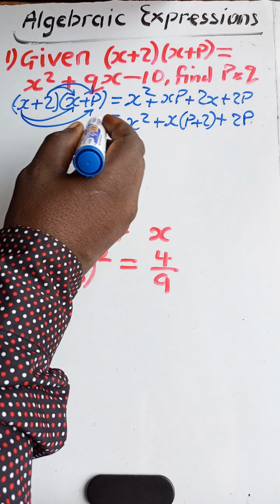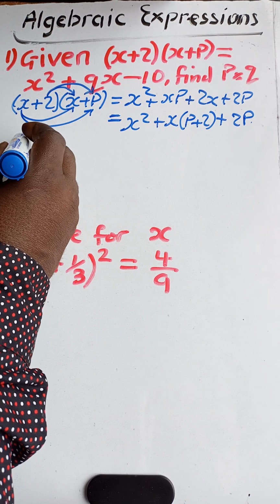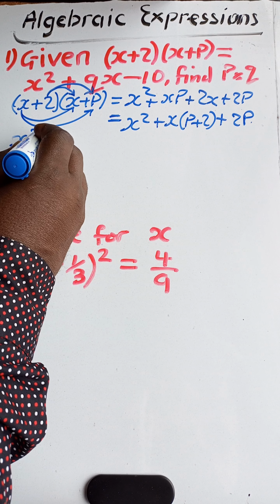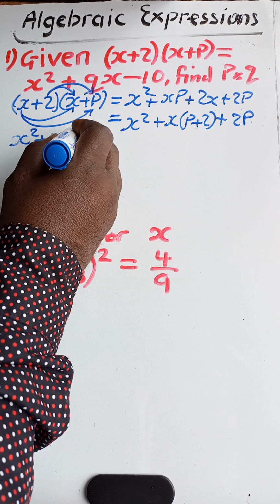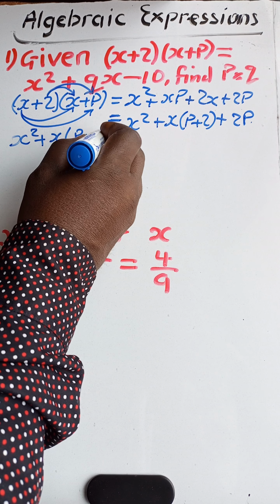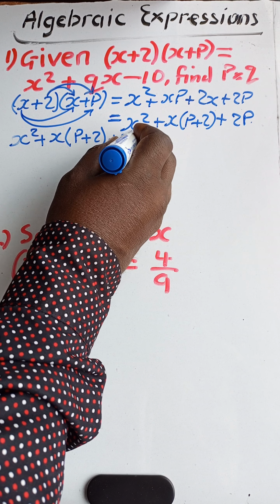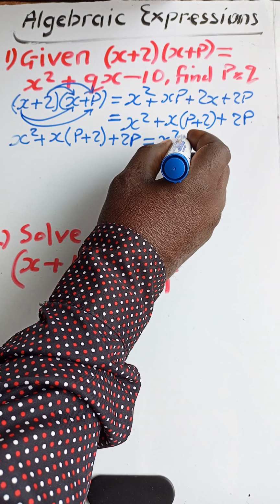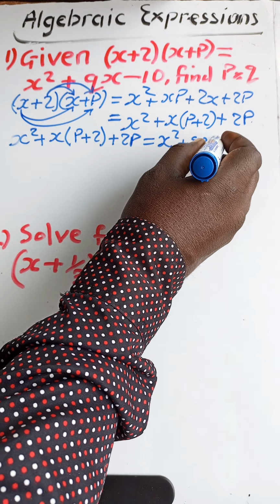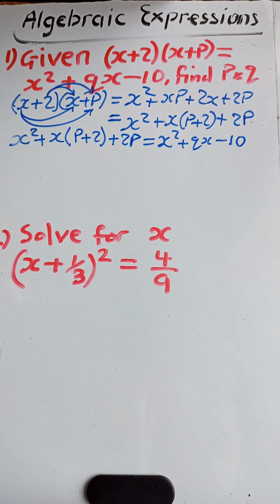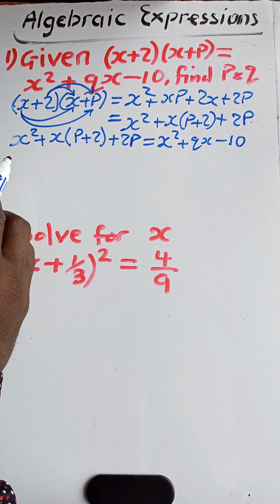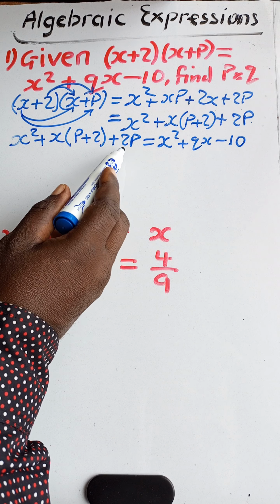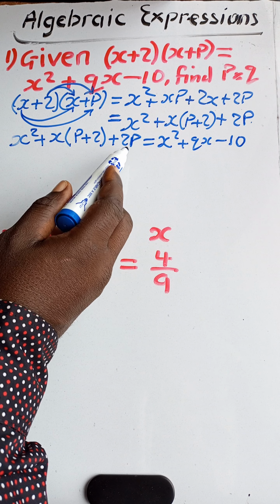So let us write it out as a single equation: x squared plus x into p plus 2, plus 2p, gives us x squared plus qx minus 10.